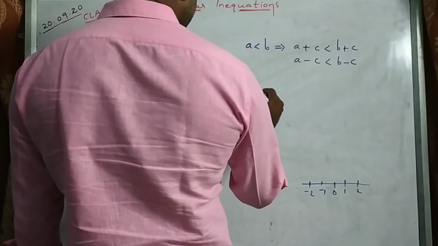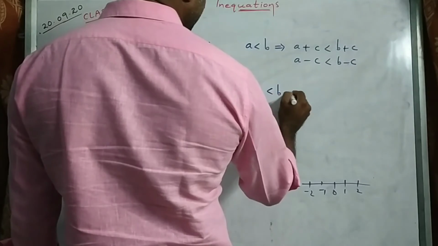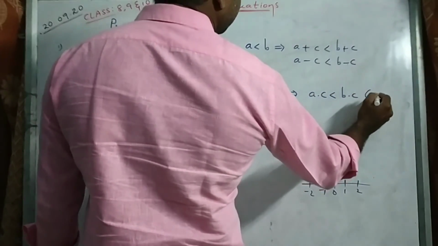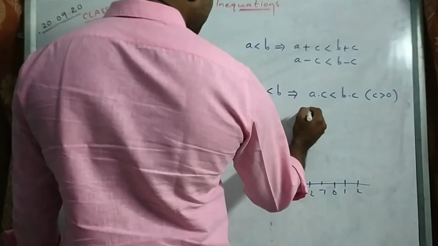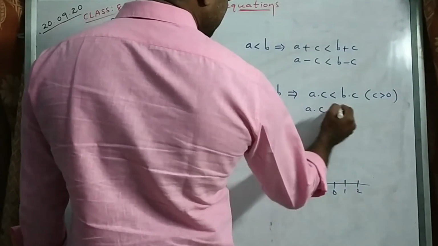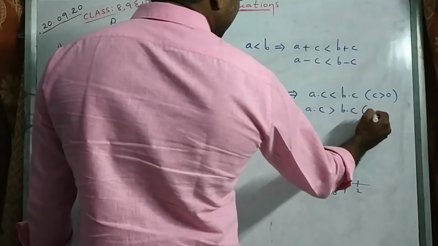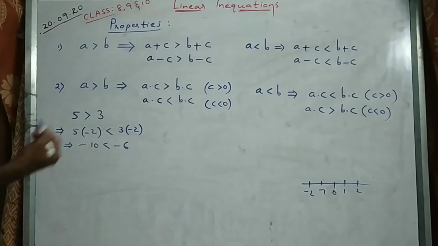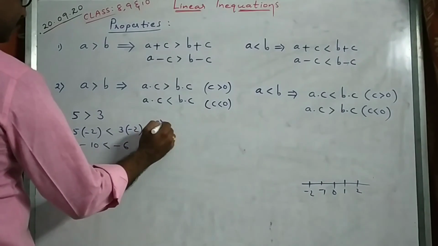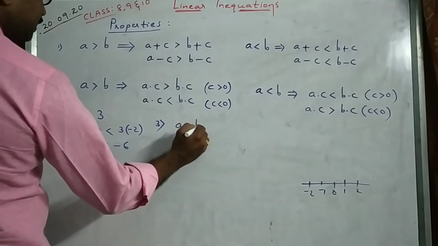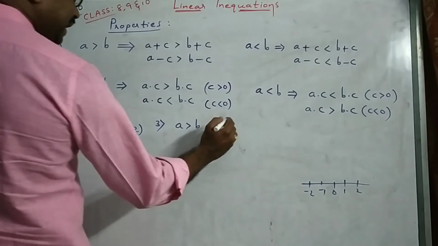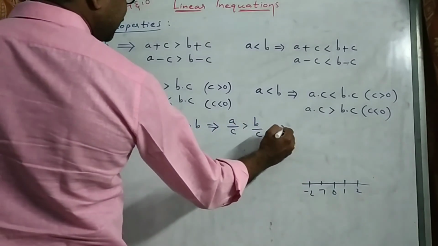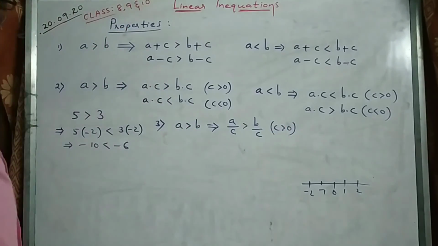Similarly, in the case of less than also we can write. If you multiply by a positive number, there is no change if C is positive. If C is negative, less than becomes greater than. So remember that property. In the case of division also it is the same. If A is greater than B, I can write A by C greater than B by C if C is positive, there is no change.